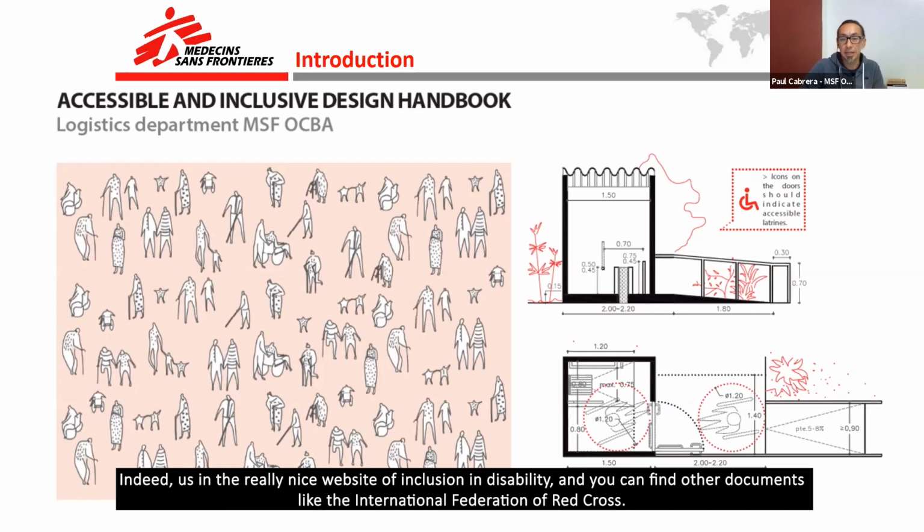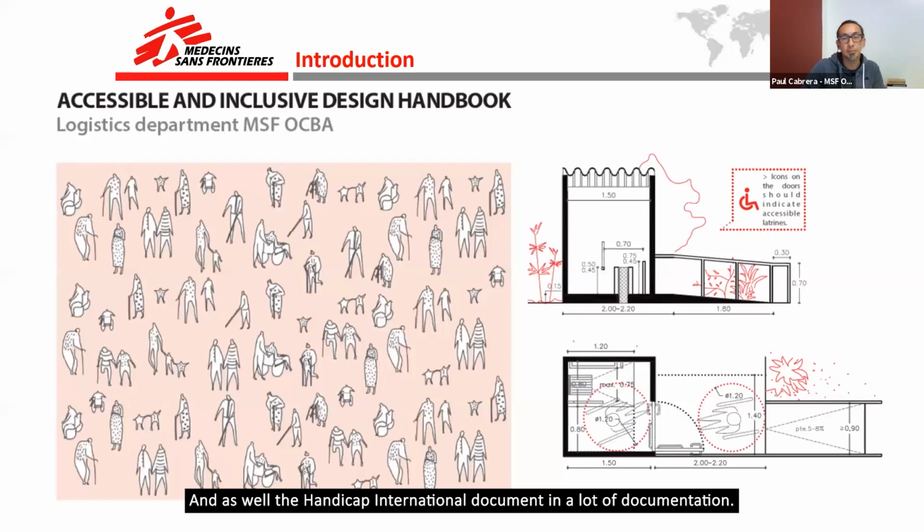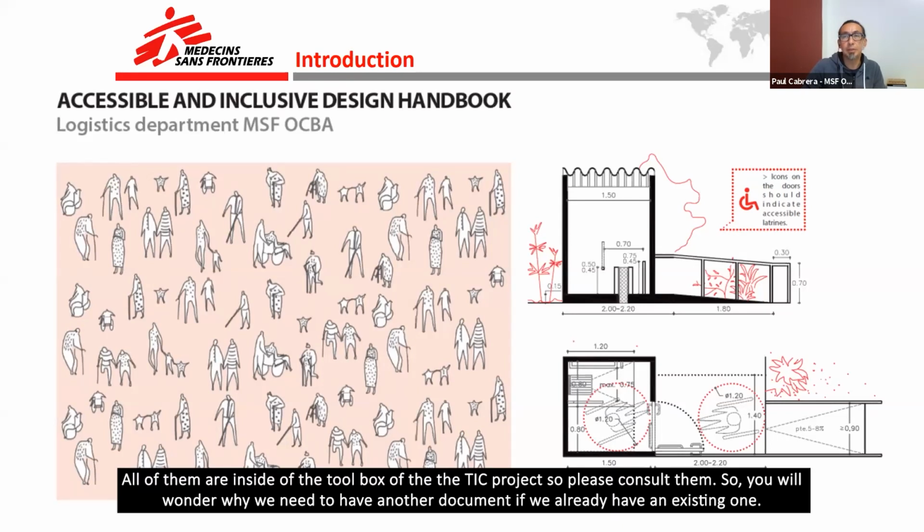Indeed, on the really nice website of Inclusion and Disability, you can find other documents like the International Federation of Red Cross and the Handicap International document, and a lot of other documentation. All of them are inside the toolbox of this site, so please consult them.